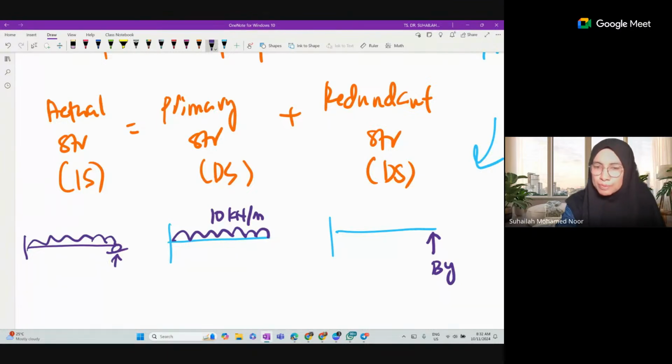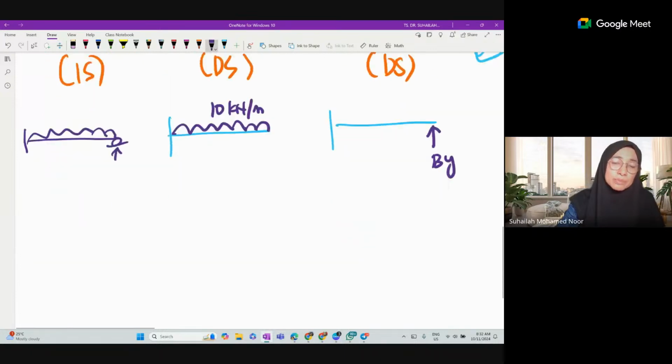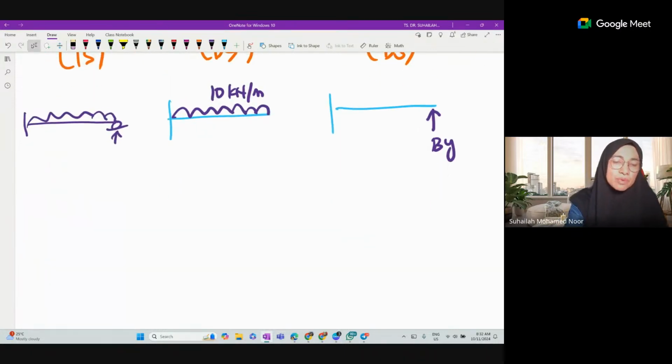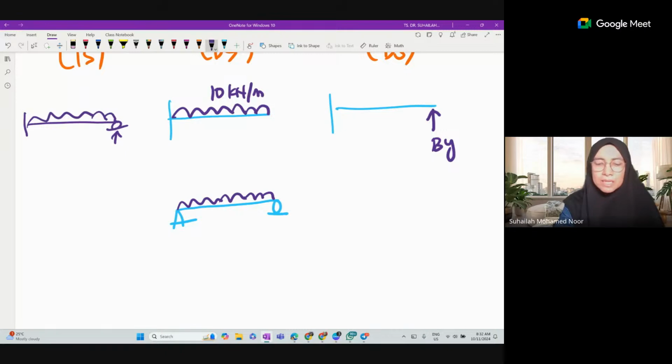If we want to have a simply supported beam, for example, we have here a simply supported beam. The reactions for a simply supported beam come from the pin and the roller. The loading is there. We do not have to remove the loading. The only thing that we remove is MA. So where to put MA?